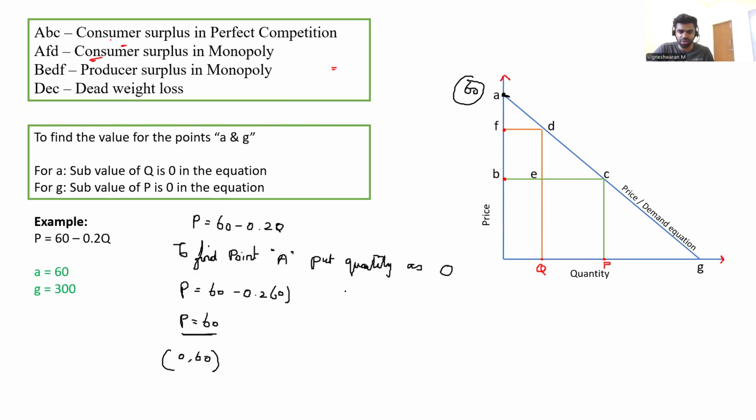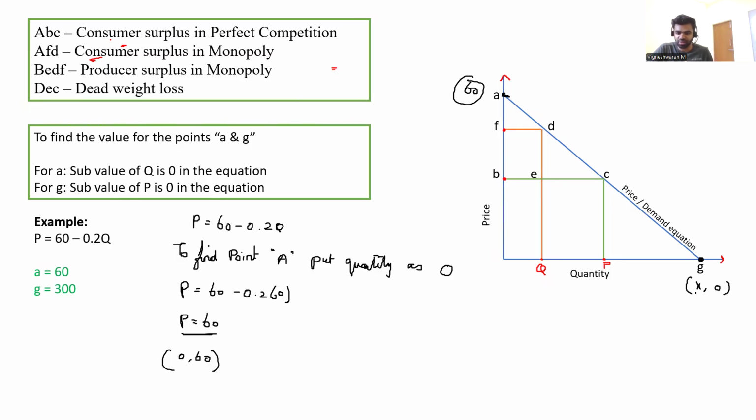Now what do we have to do? We want to find the value of G. G is on the x-axis itself, so it will be (x, 0), right? So we want to find the value of this x.